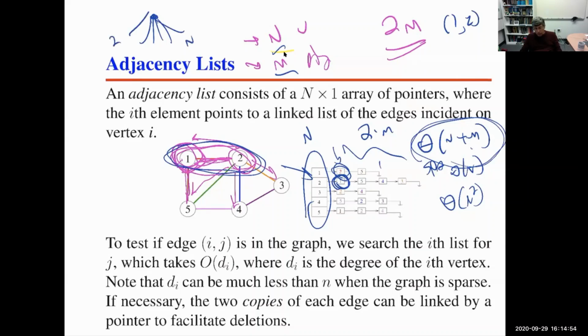Yes, 1 is going to appear on every single list. Okay? Except 1's list. There's going to be n minus 1 elements on 1's list, and 1 is going to be in each of the n minus 1 lists, because each edge is going to appear on 2 lists. Any questions about that? This is kind of important.